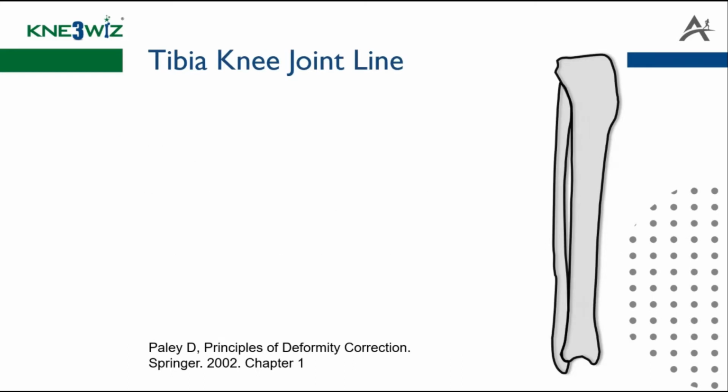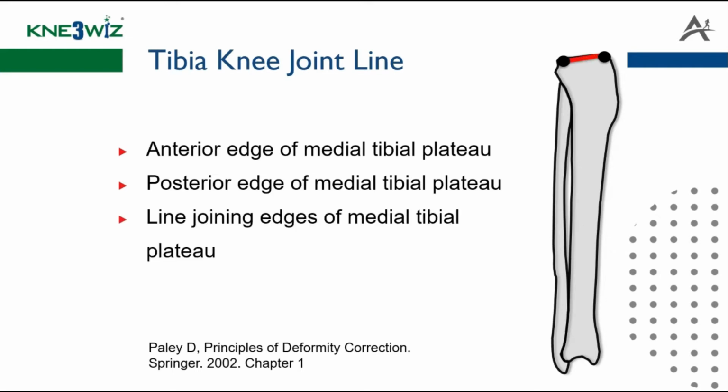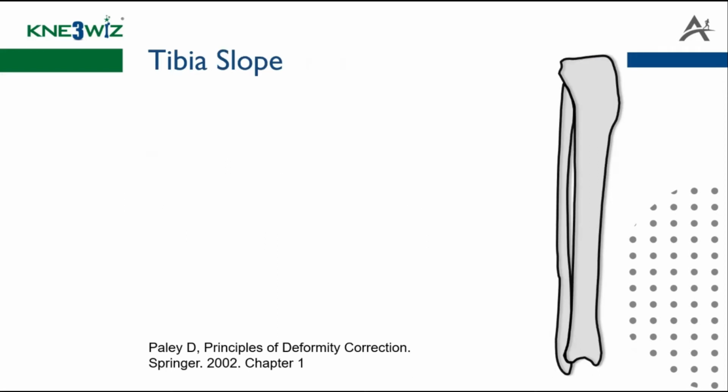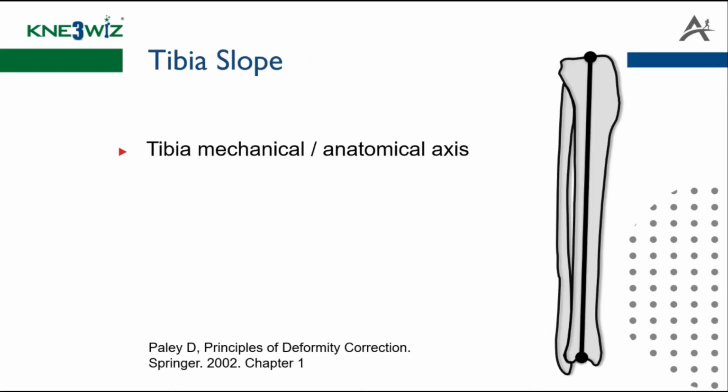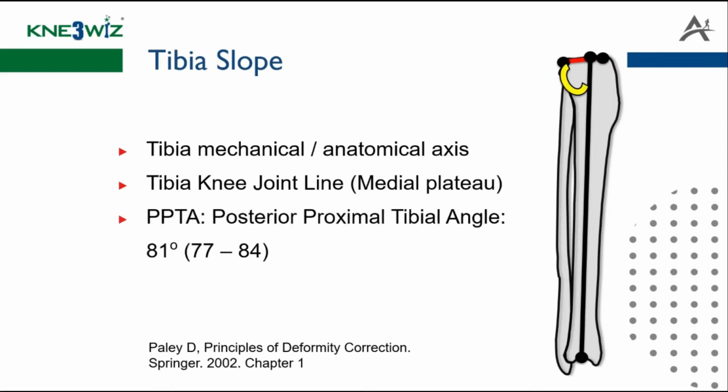Tibia knee joint line is formed by joining the anterior edge of the medial tibial plateau with the posterior edge of the medial tibial plateau. The tibial slope is the angle between the mechanical or the anatomic axis and the tibia knee joint line. The posterior proximal tibial angle on an average is 81 degrees.